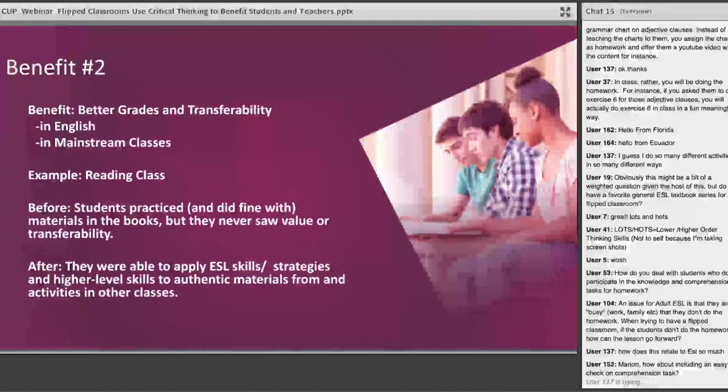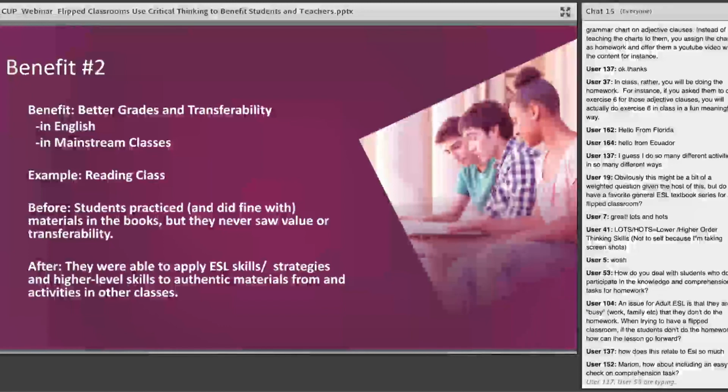The second benefit I'd like to share, slightly related to the first one, and that's about better grades, but more importantly about transferability. A big part of our job is to make sure that students can succeed outside of our ESL classroom, that they can take the skills that we're using and use them in their other classes.